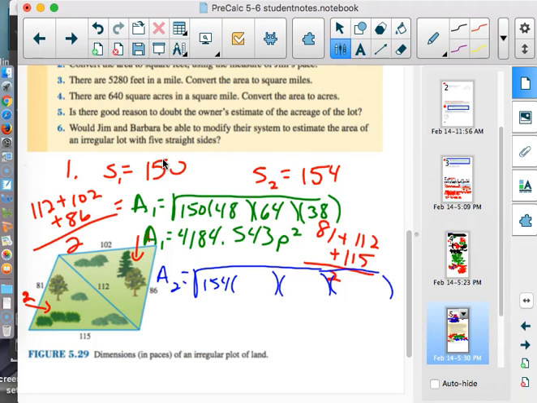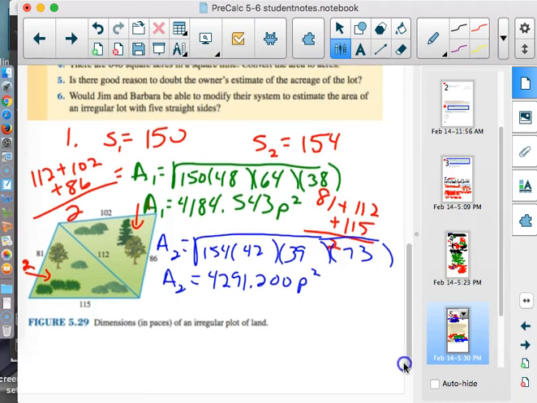That gives us 42, 39, and 73 for each of those sides. If you punch that in, we get 4,291.200 square paces. So number one said use Heron's formula to find the area in square paces. We have to add those two together to get that.